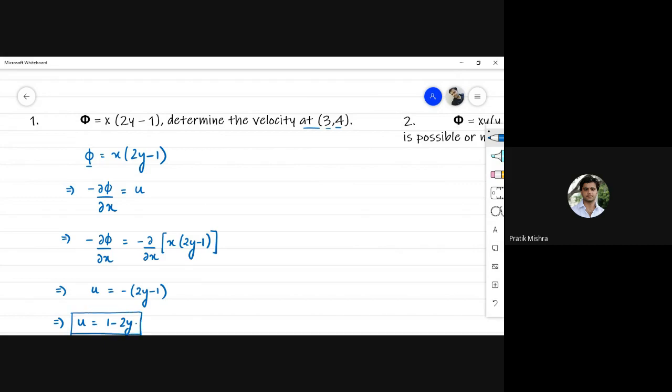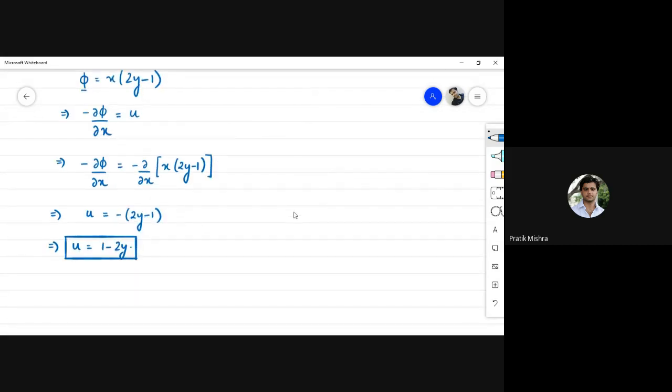Similarly, if you need to determine the velocity component in y direction, simply differentiate this phi with respect to y. So minus del phi by del y will give you the velocity component in y direction, that is v.